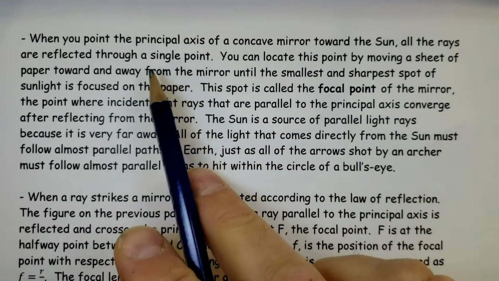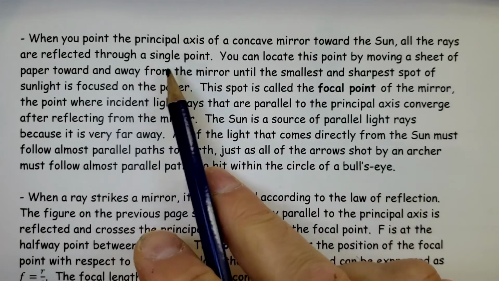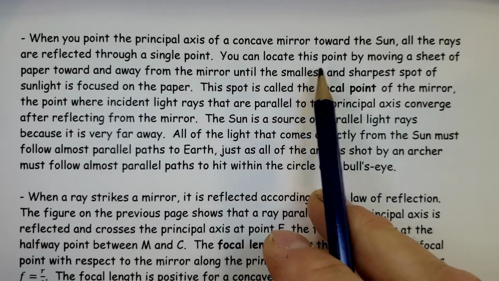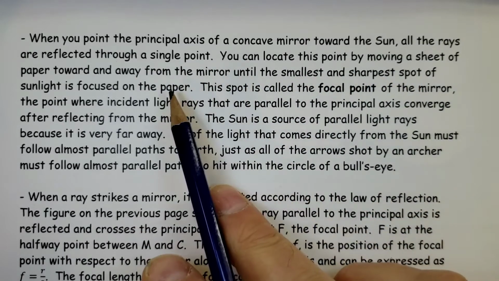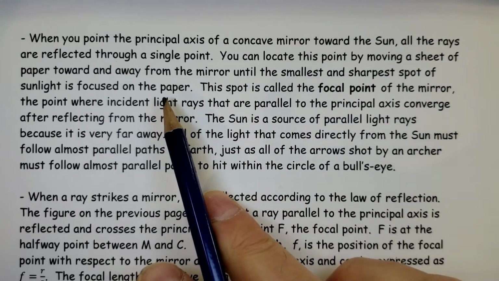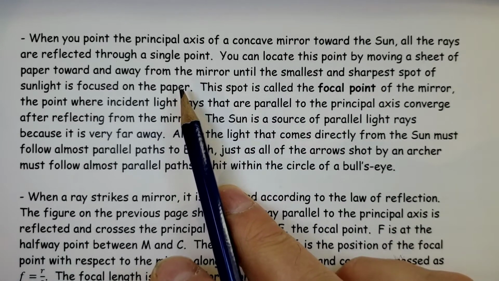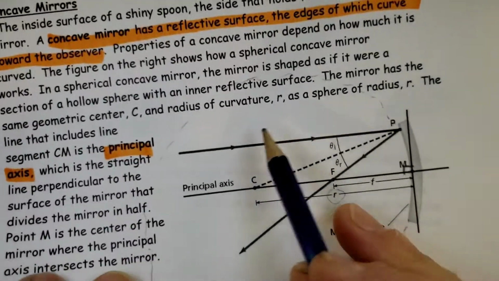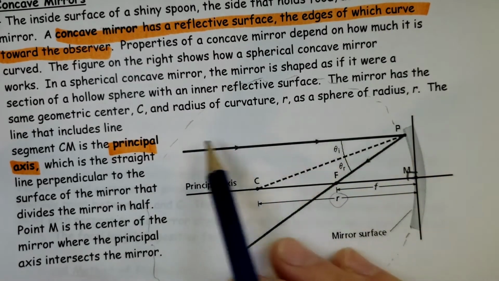If we move on to the next page, when you point the principal axis of a concave mirror towards the sun, all of the rays are reflected through a single point. You can locate this point by moving a sheet of paper toward and away from the mirror until the smallest and sharpest spot of sunlight is focused on the paper. So if we take a look over here, the sun rays come in parallel to the mirror.